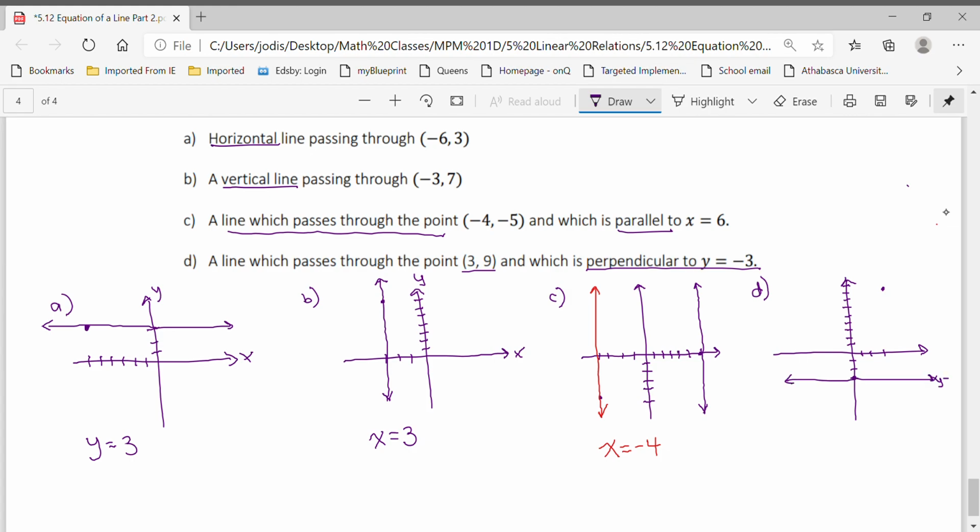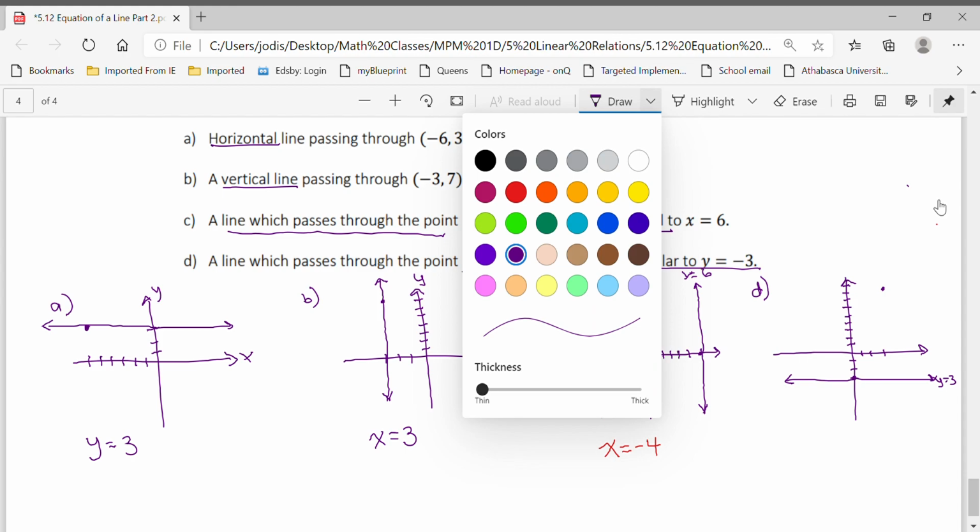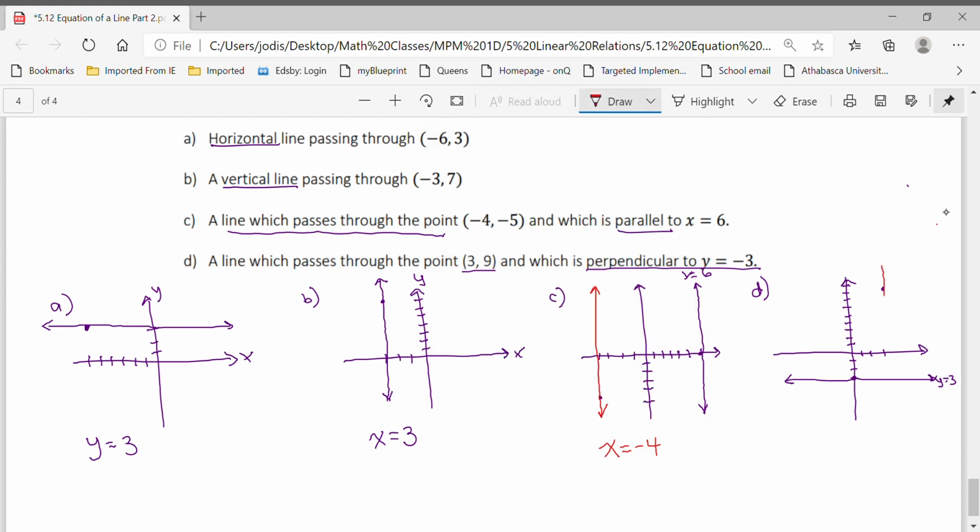So if it's perpendicular, it has to be a vertical line. So it's going to be a vertical line, through x, not y, x equals 3.